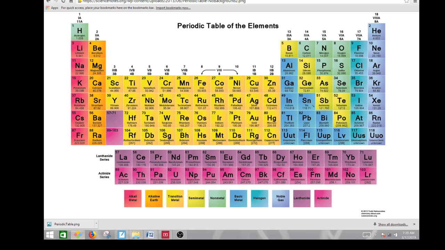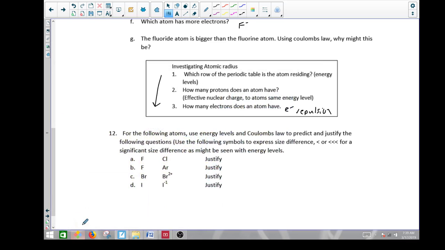They're picking ones that are just right above one another, or in the same row, typically speaking. So we know that chlorine is bigger than fluorine, a lot bigger, because it has another energy level. So chlorine is much bigger, not just a little bit. Justify: energy levels. Again, I'm going to abbreviate here because I want to save time.